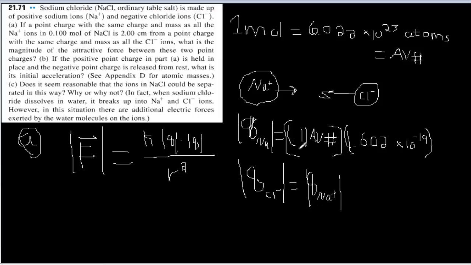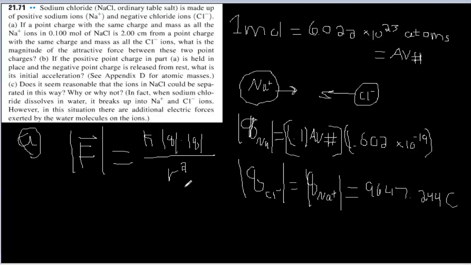And so if you do 0.1 times 6.022 times 10 to the 23rd multiplied by 1.602 times 10 to the negative 19, you should come up with 9,647.244 coulombs. That's a massive charge.